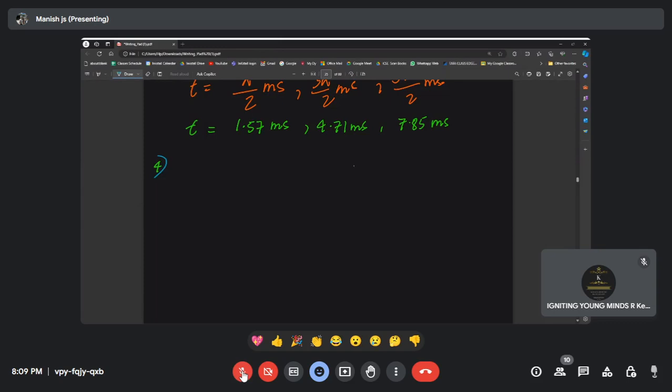A DC voltage of 200 volts is applied to a coil of self-inductance 2 root 3 upon pi Henry.